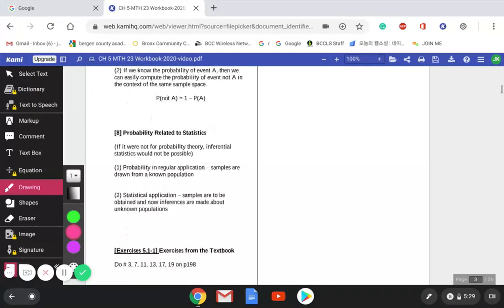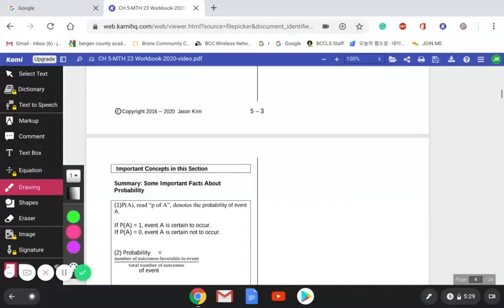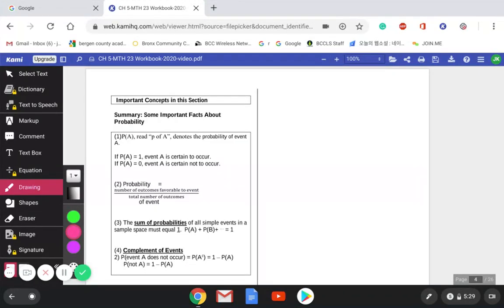Now, the probability of single events. To have a summary: probability of 1 means it always happens. Probability of 0 means it never happens. Probability is the number of outcomes favorable to the event over the total number of outcomes. That's what probability is in ratio format.